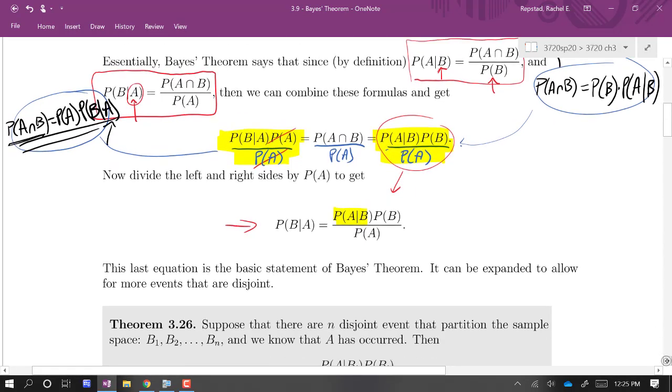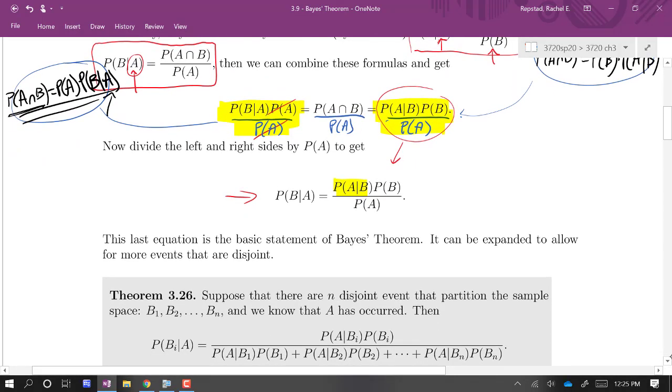You can extend it to allow for more events that are disjoint. The idea is that I have a certain number of events, let's say n disjoint events, that partition the sample space. So I know that one of those things will happen, and not more than one of those things will happen.